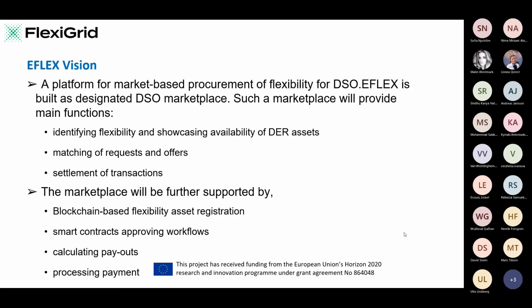And matching your request and offer, settlement, transaction, similar to what Nima mentioned. The marketplace will also be further supported by the blockchain base, so the smart contract, smart billing, micro payment, and also calculation of payout and processing the payment for that.